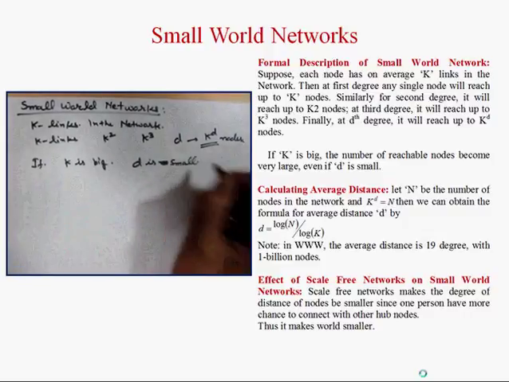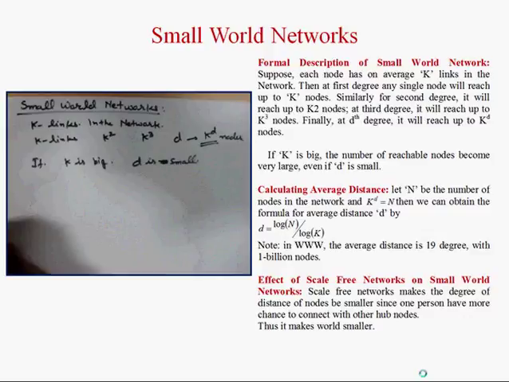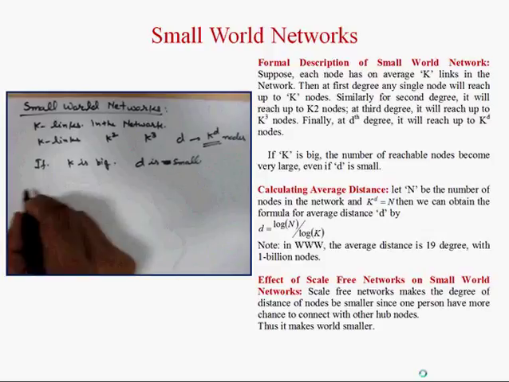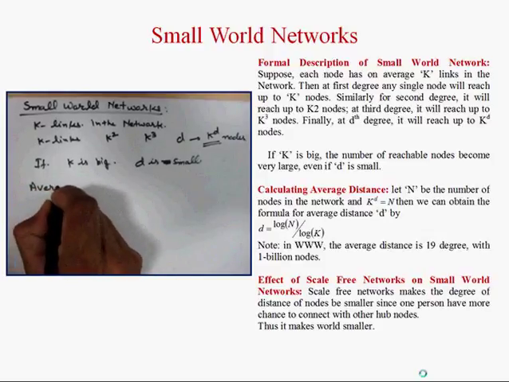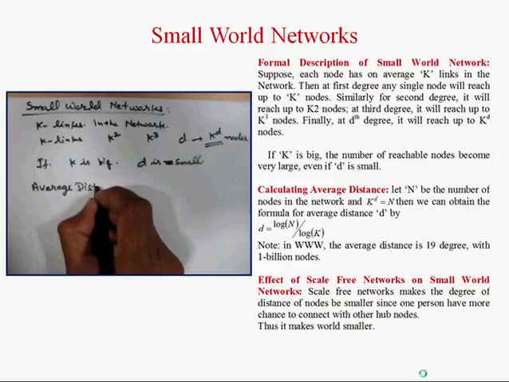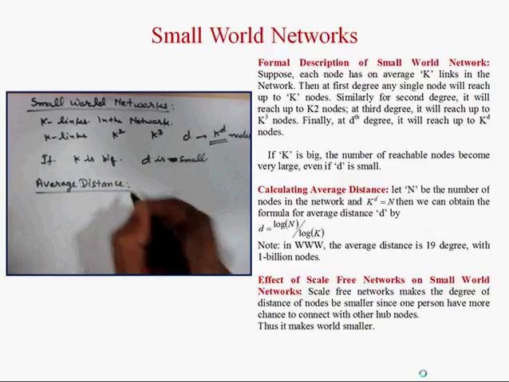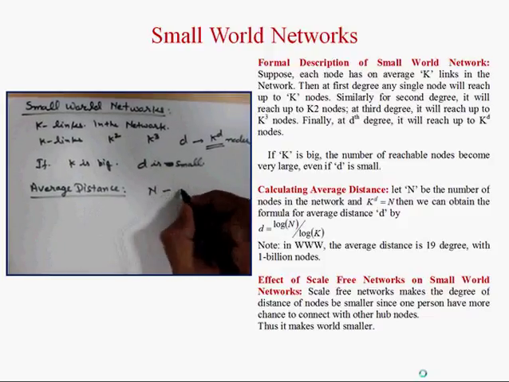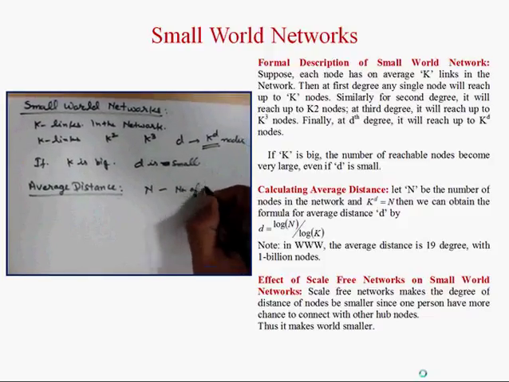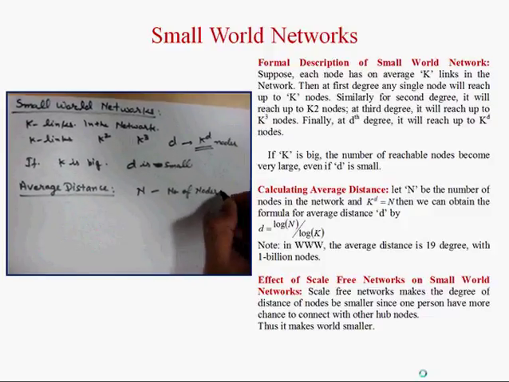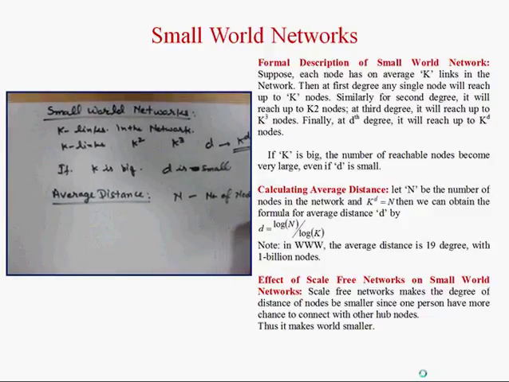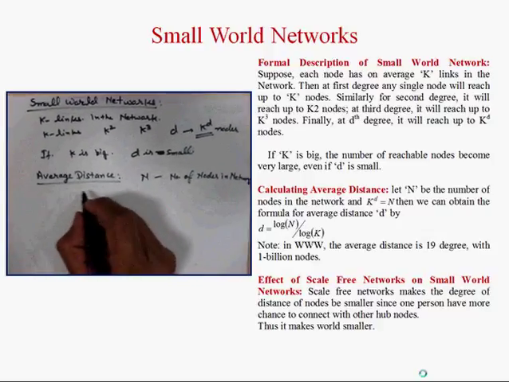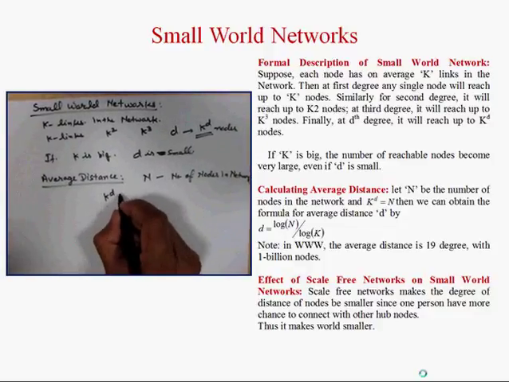Now calculating the average distance. Let n be the number of nodes in the network. Then we can assume k to the power d is equal to n.